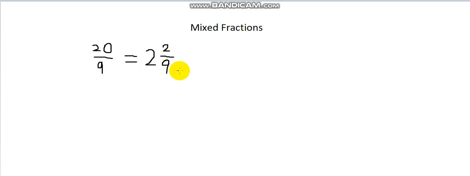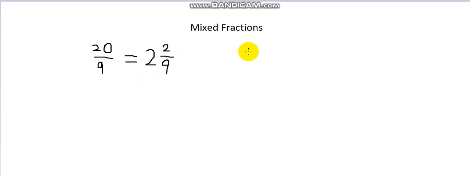And you can check this out if you want to. Go on the number line, make a number line from 0 to 3, and separate each part into 9 parts. And find 20 ninths, and then find 2 and 2 ninths, and you'll see that they are the same. Now, let's say I want to do the opposite.